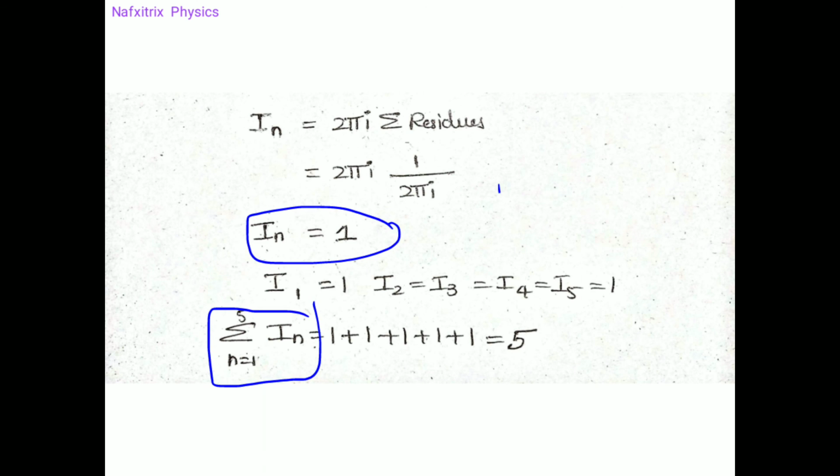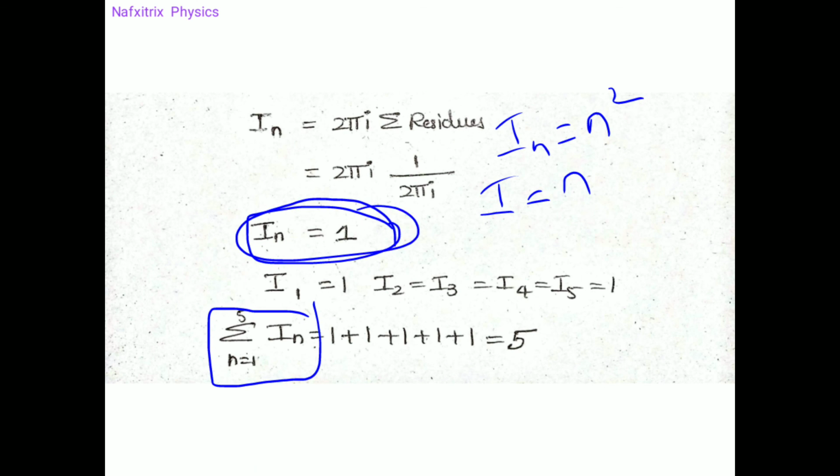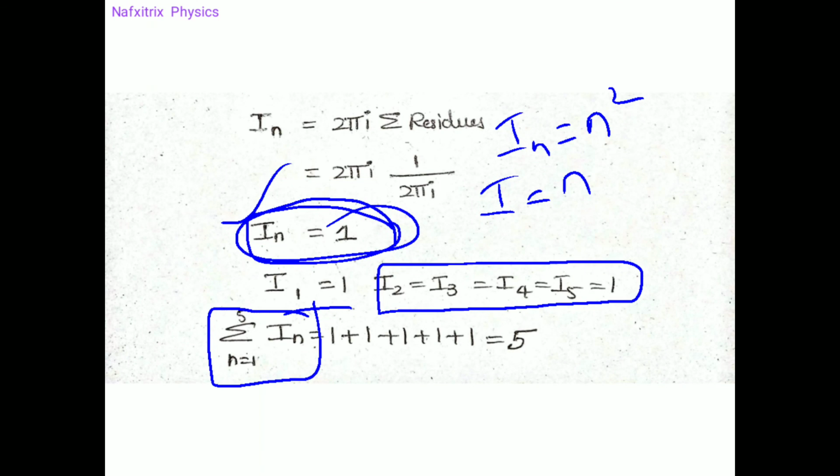If In were equal to n, or n square, then it would have depended on n. But here it is simply 1. So we can conclude that I1, I2, I3, I4, I5 are all 1, because it is not depending on n anyhow.